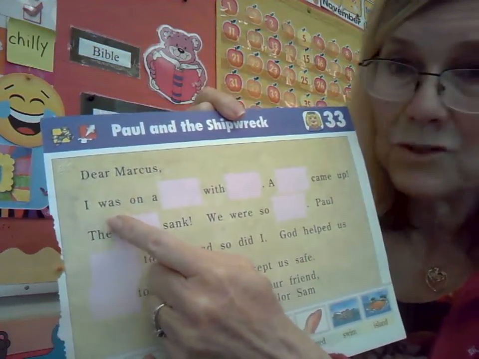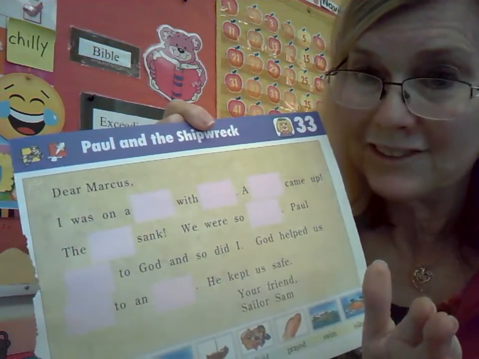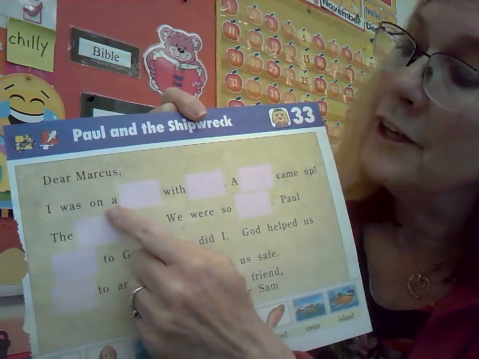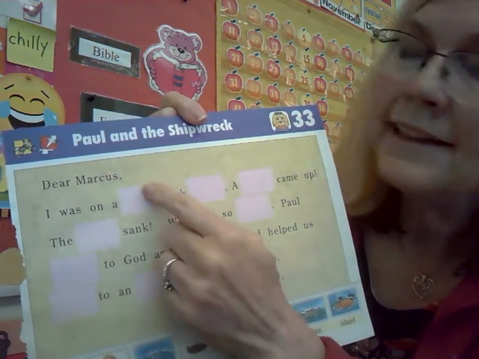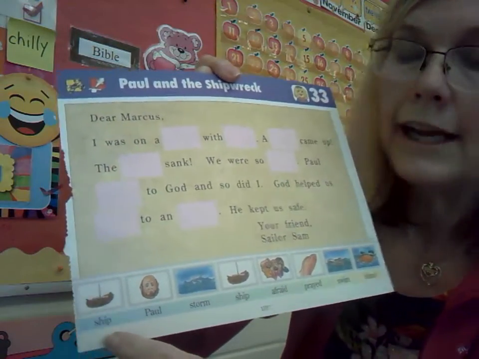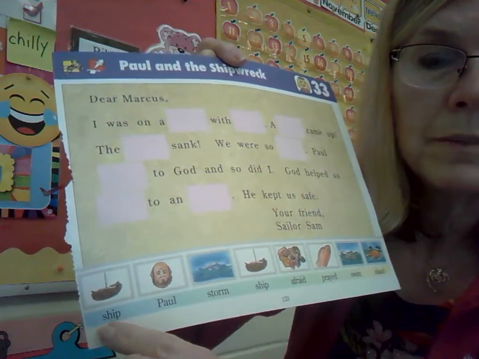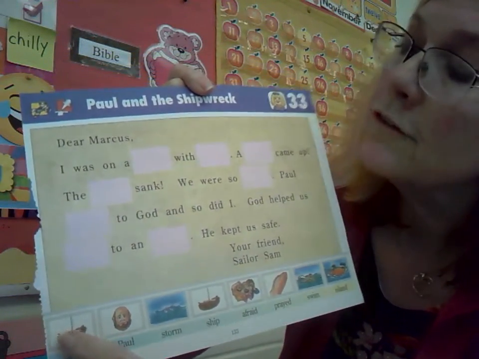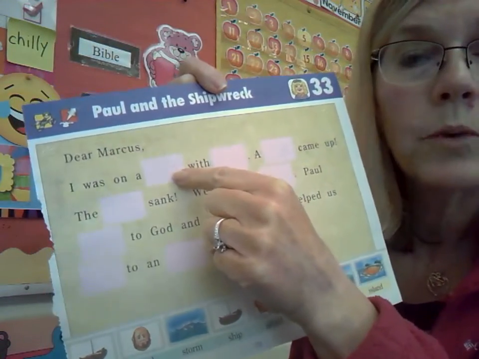And let's go on. These are all sight words. You're going to be able to read this yourself. I was on a... And then they got a place here for the picture. You cut out the first picture here, and it says there's that SH at the beginning. Ship. You're going to glue the picture of the ship onto that pink square there.